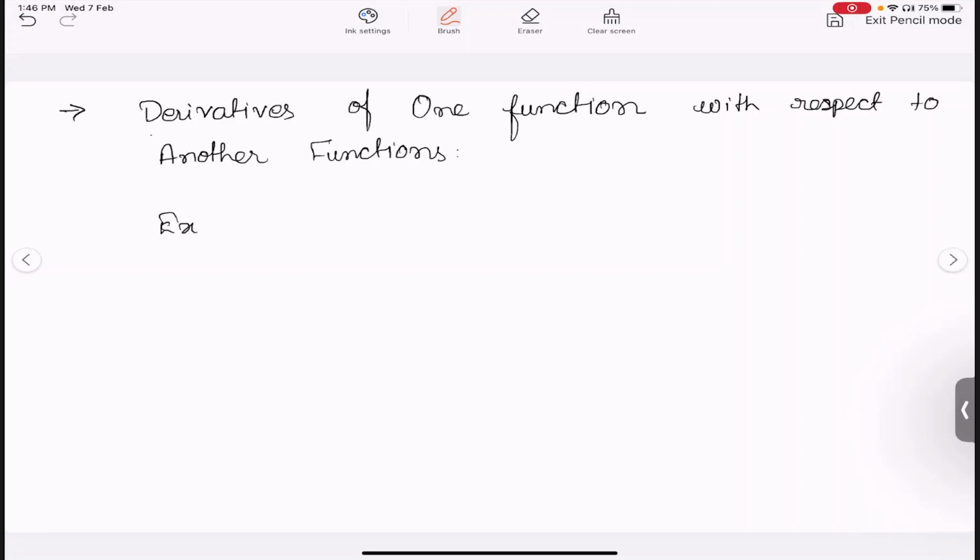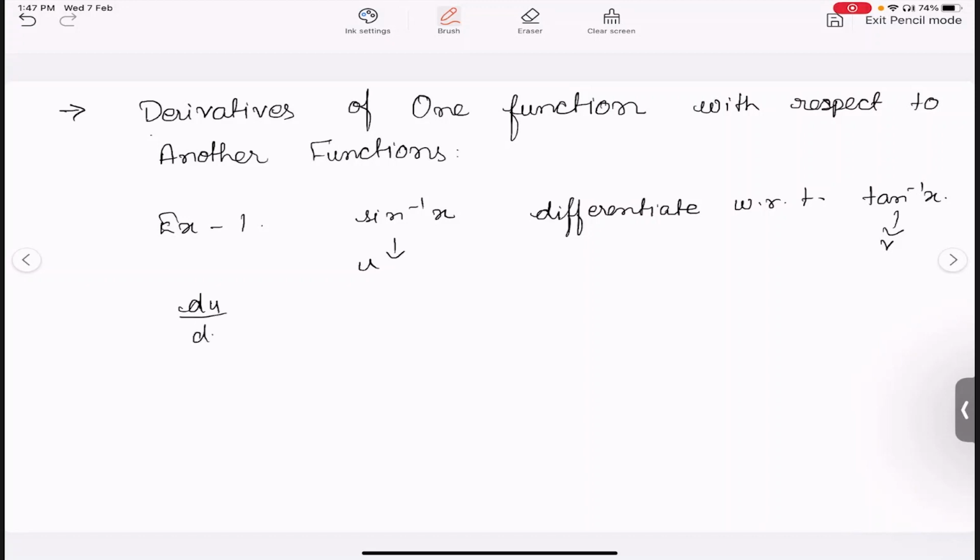Let's say we have sine inverse x, and we have to differentiate it with respect to tan inverse x. So let's say this is u, this is v. We have to find du by dv.